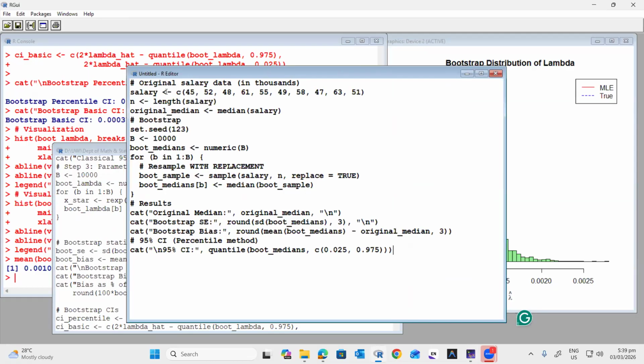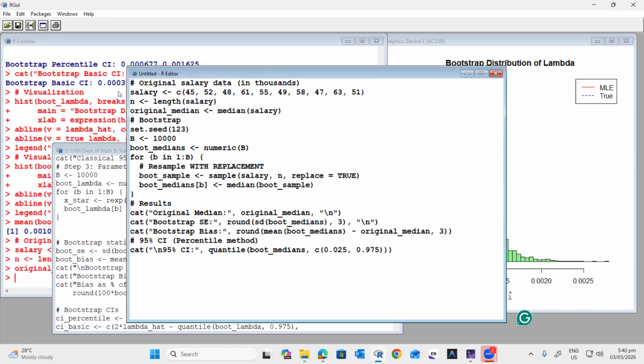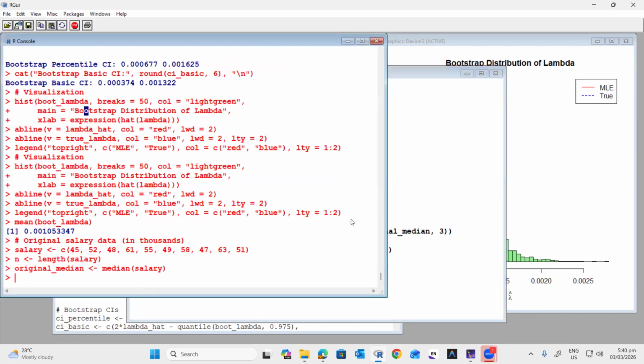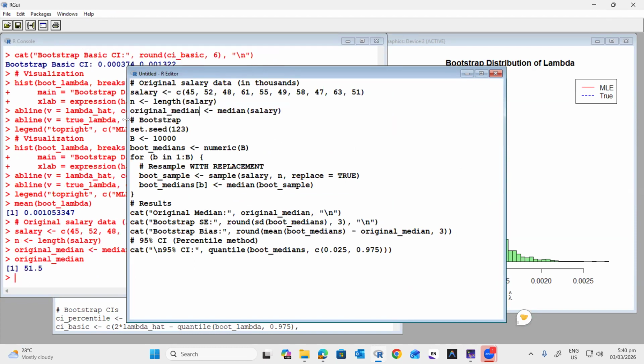We store it in the data set, in salary only. So n is the length, the size. So for the original median, we compute the median of the salary. The command to generate the median is directly median in R. So we computed the original median, that comes as 51.5.